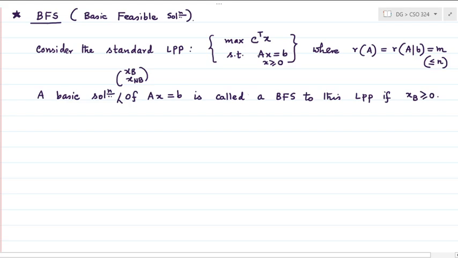So here feasibility, because feasibility is related to not only Ax equals b but also feasibility considers x greater than or equals to 0, and that's why any basic solution of Ax equals b is called a basic feasible solution if that basic solution satisfies the other restriction, that x greater than or equals to 0. Fine, then we call it a basic feasible solution.